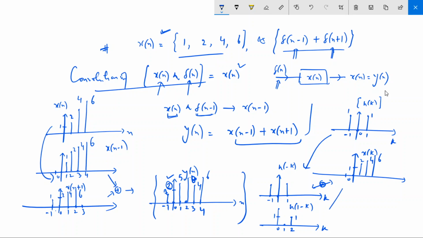Again if you multiply these two sequences, xk into h of 1 minus k, if you product it, you will get y of 1. Multiply and add.